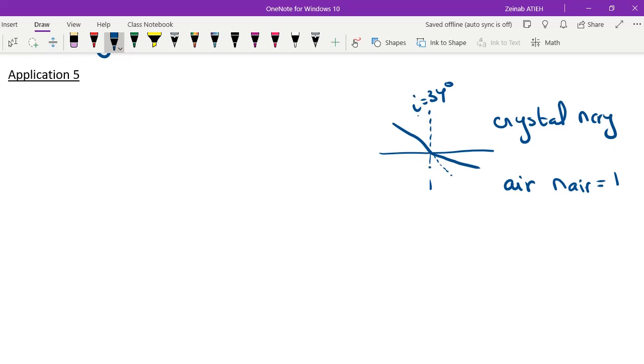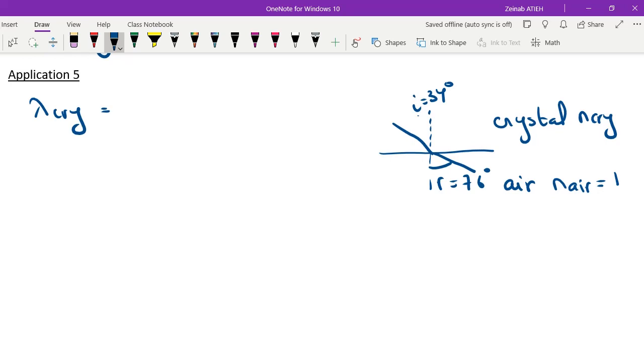He gave us the angle of refraction. Let me erase this. So the angle of refraction R is equal to 76 degrees. So this is the given. Lambda of the light in the crystal: we said lambda depends on the medium, V depends on the medium, whereas F does not depend on the medium.